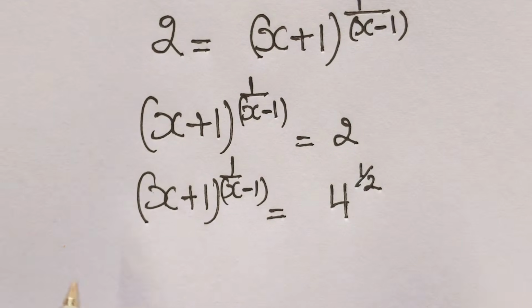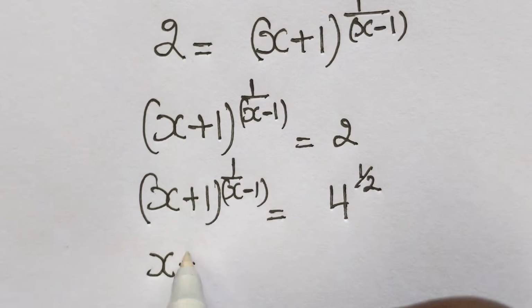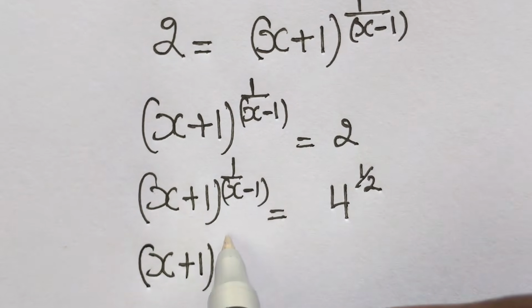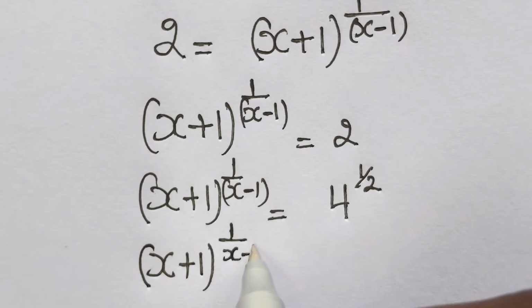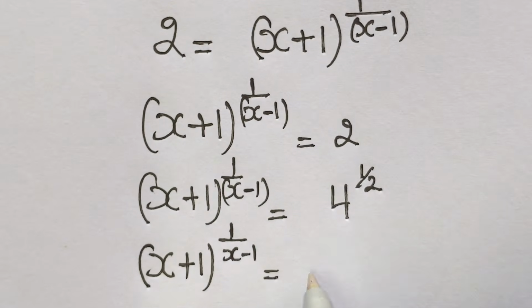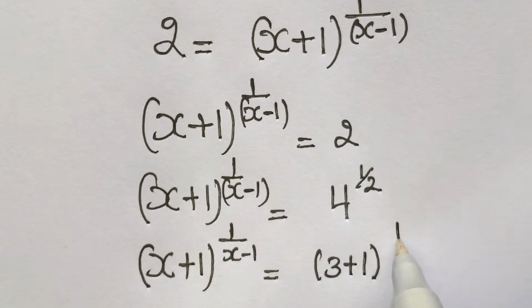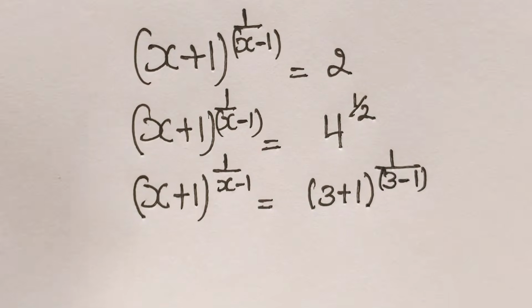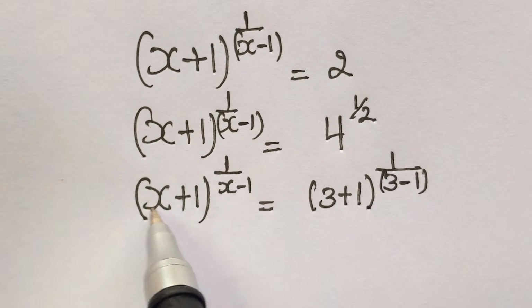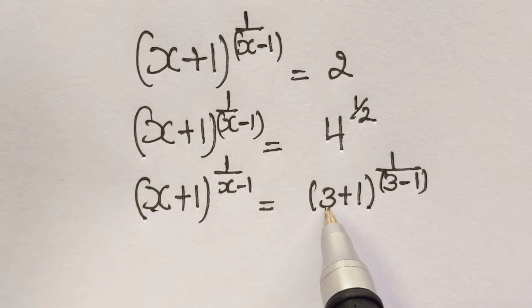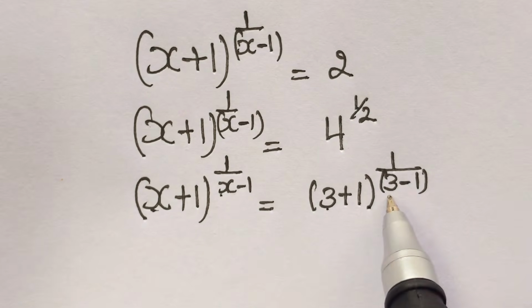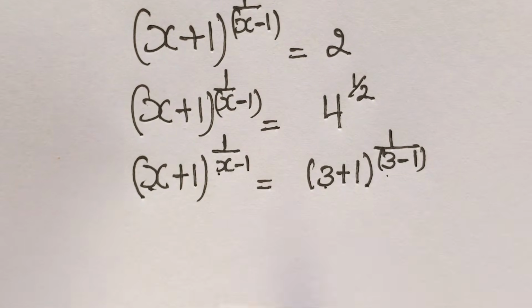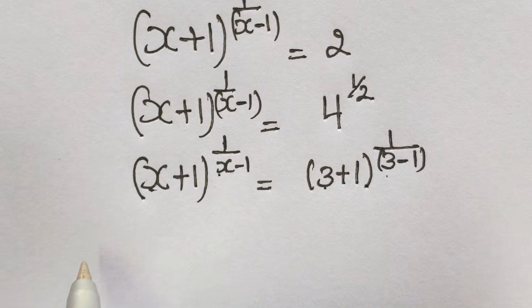Then of course x plus 1 power 1 over x minus 1 can be written as this: 4 is equal to 3 plus 1 power, these two can be 3 minus 1. And if you see nicely, we have x which is equal to 3 and x which is equal to 3. We can equalize each other from base.